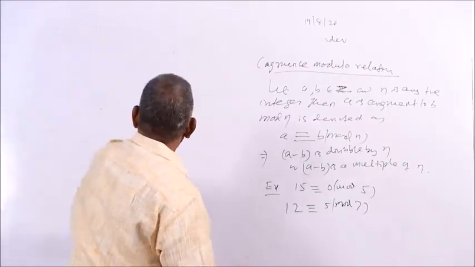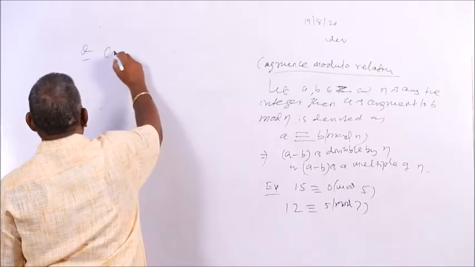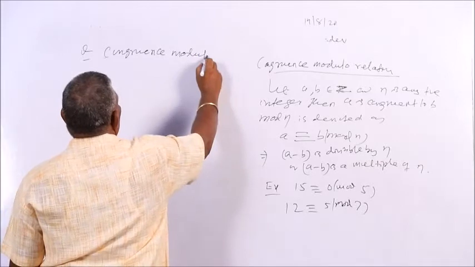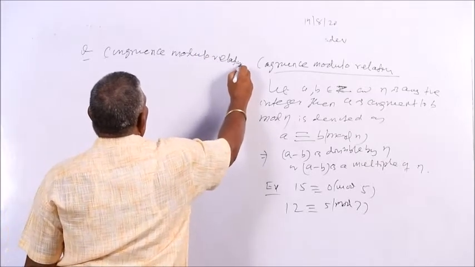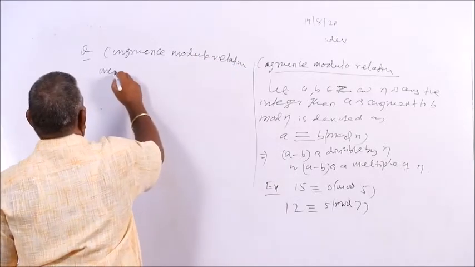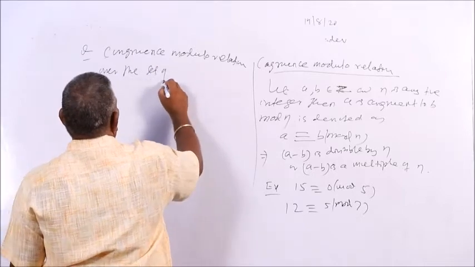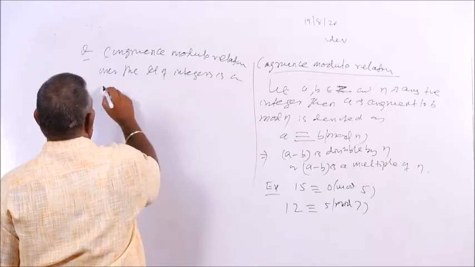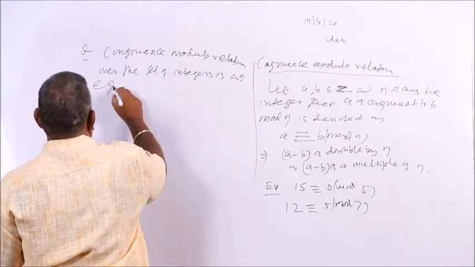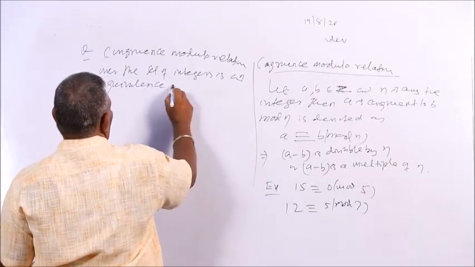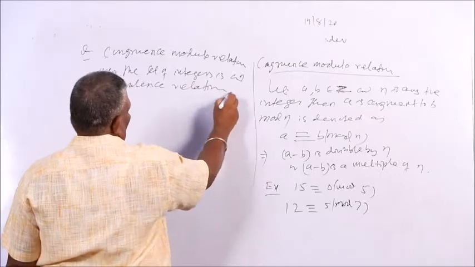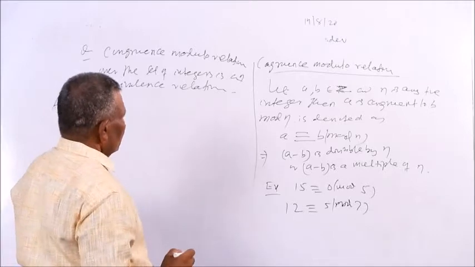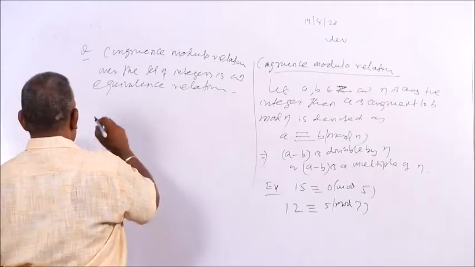This congruence modulo relation over the set of integers is an equivalence relation. Let us see whether it is possible or not.